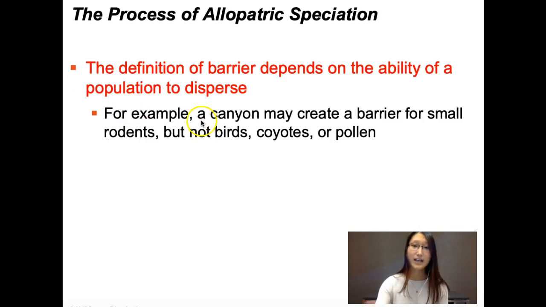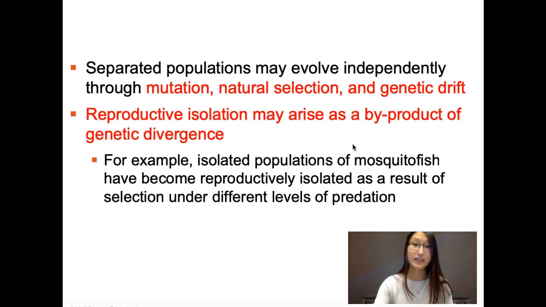So for example, a canyon might be a barrier for small rodents, but it might not be a problem for birds, coyotes, or pollen. And a lot of the times for plants, it's more difficult to have a geographical barrier because the wind can carry pollen for a long distance.